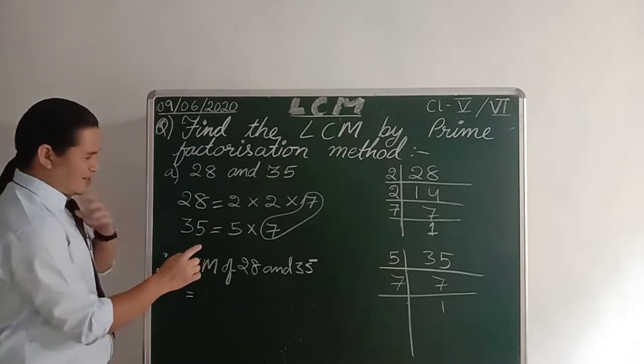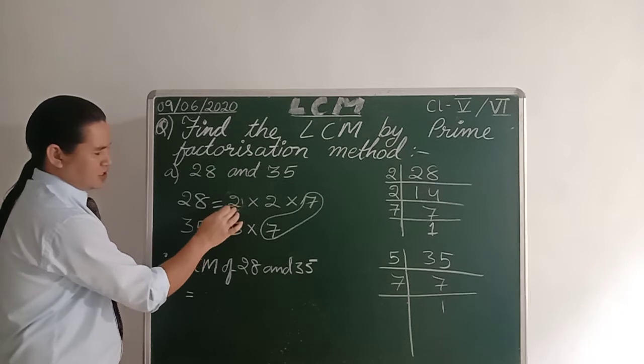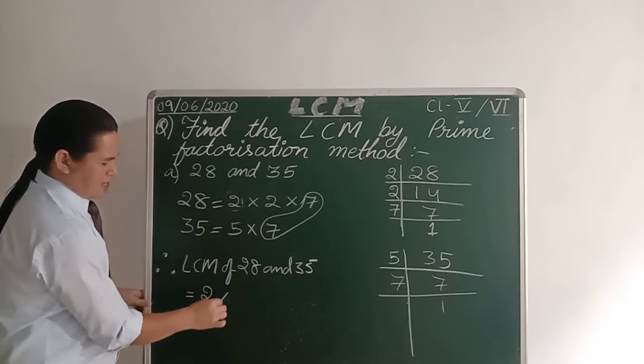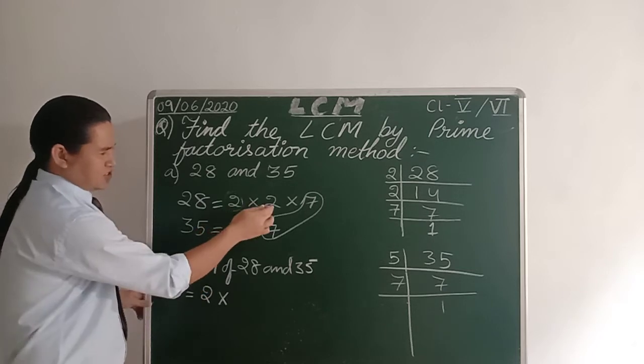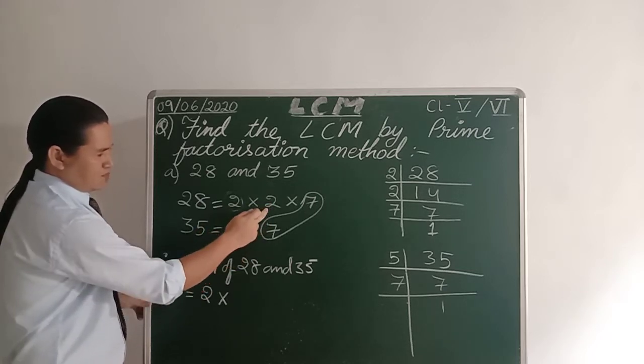We don't find any other 2, only a single 2, so this single 2 you will write here. Now the next number, 2. This 2 also we don't find in the other, but you have to write it.